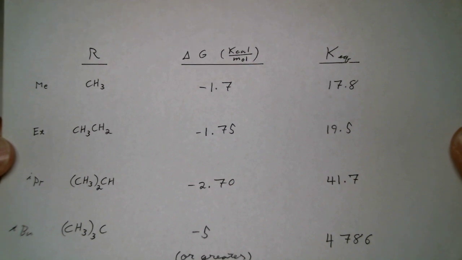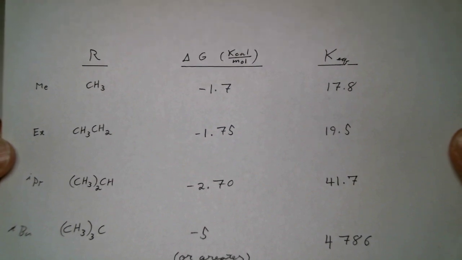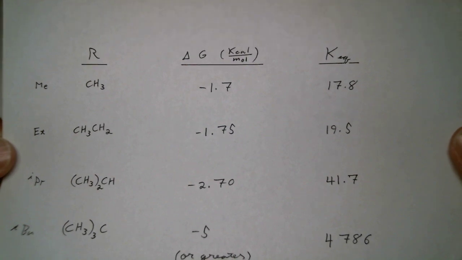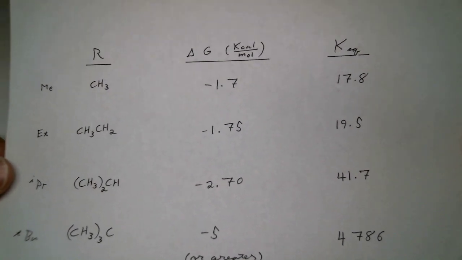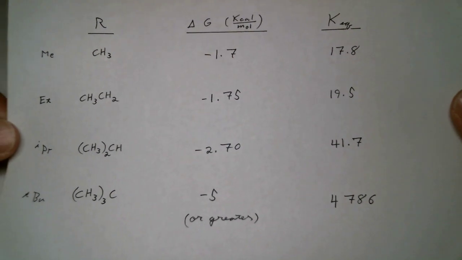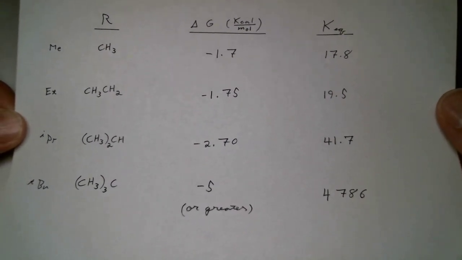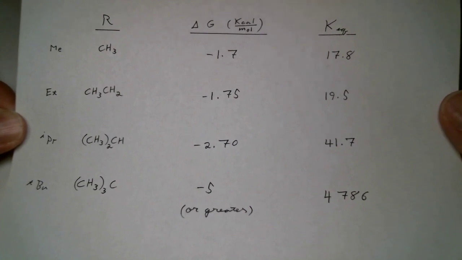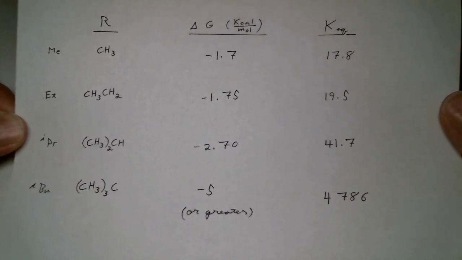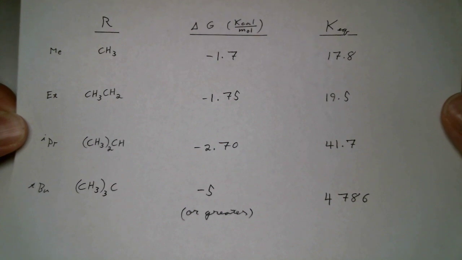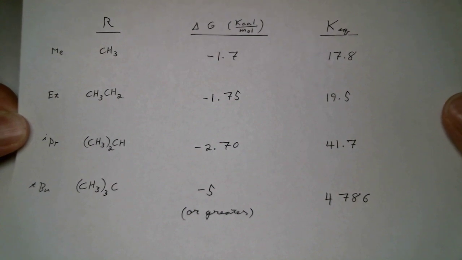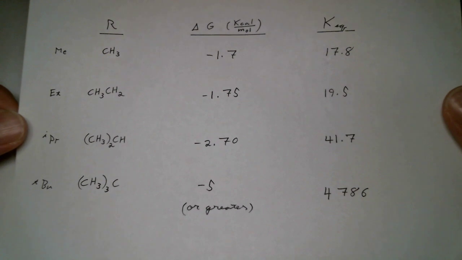We got much bigger in terms of our steric interactions with perhaps other areas in that cyclohexane ring. And we really prefer to have that big, bulky isopropyl group in the equatorial position. You can see for the tert-butyl group, we're at negative 5 or greater. It's very difficult to tell. That large groups like the tert-butyl group lock your cyclohexane ring into a chair conformation where that group is equatorial.